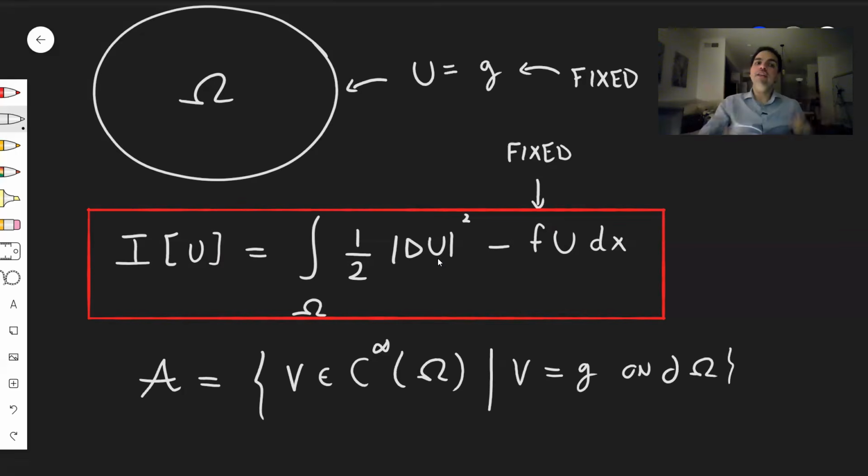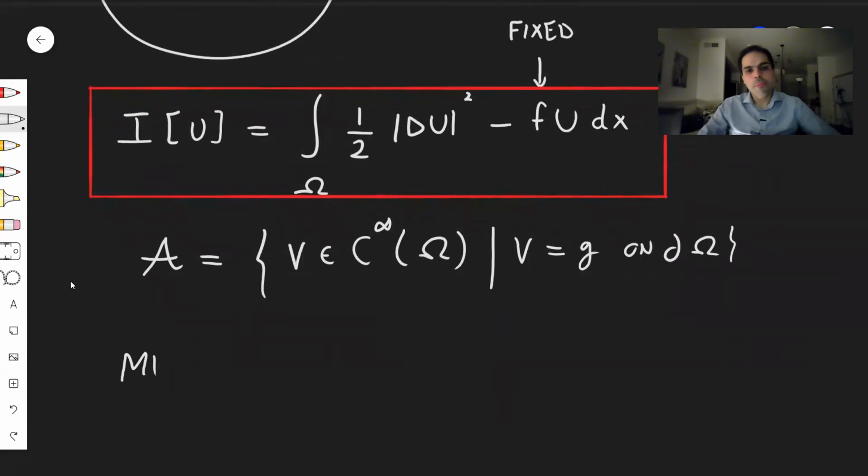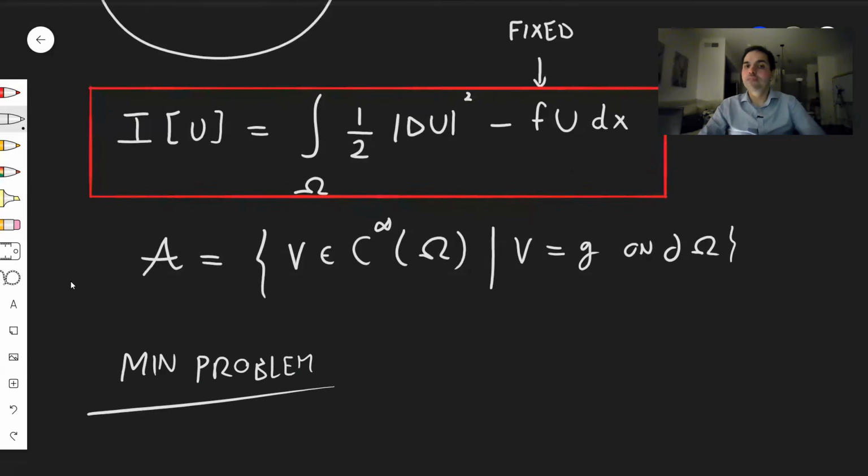And now we're ready for the minimization problem, which is the following. Namely, among all the functions v in this admissible class, so that are infinitely differentiable with this boundary condition, find the one or the ones that minimize the energy I of u.